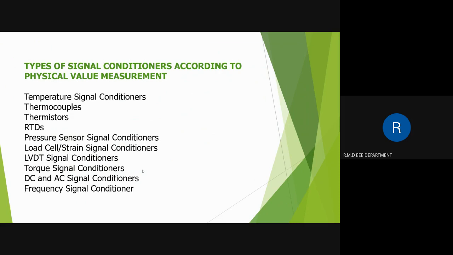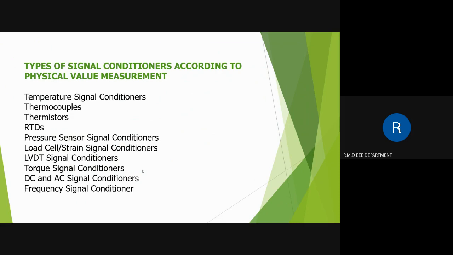Signal conditioning is used either to convert or amplify the DC current or voltage signal, and it is used to reject the noise signal, which is done by filtering the input. AC signal conditioner is used to accept the AC current or voltage signal and then convert it into a DC current or voltage signal.